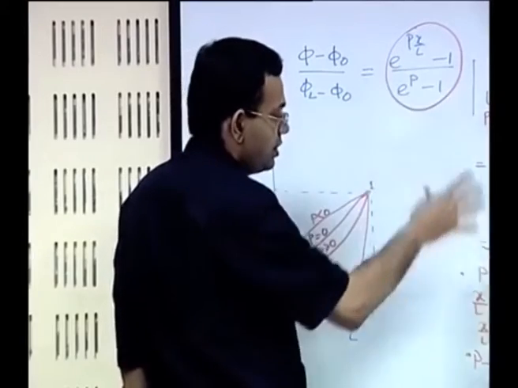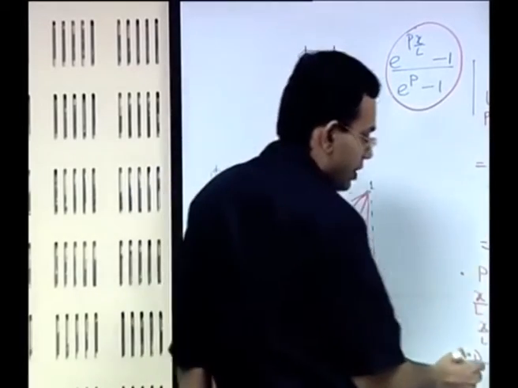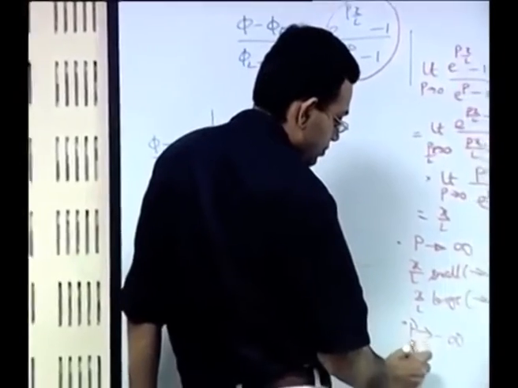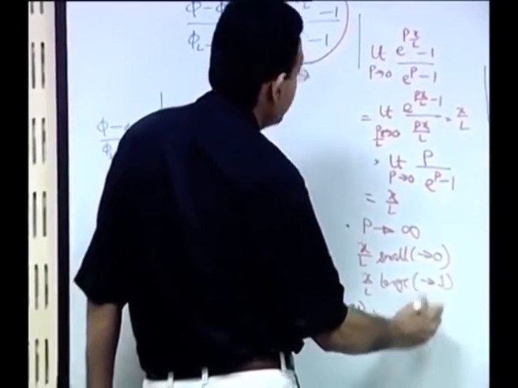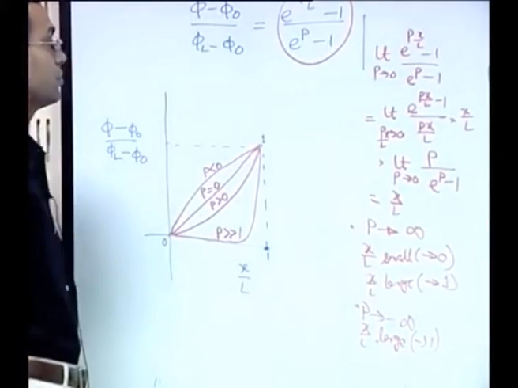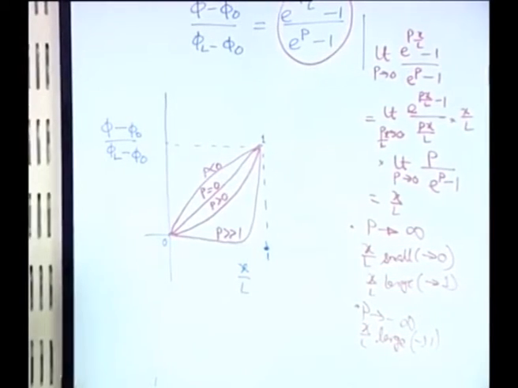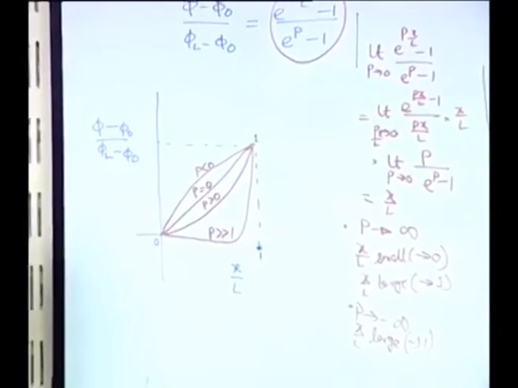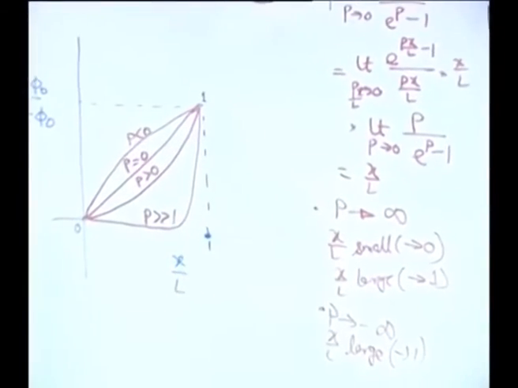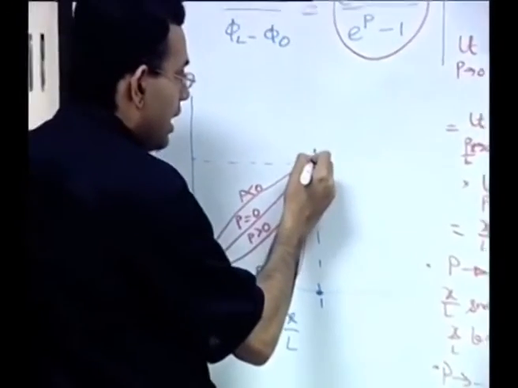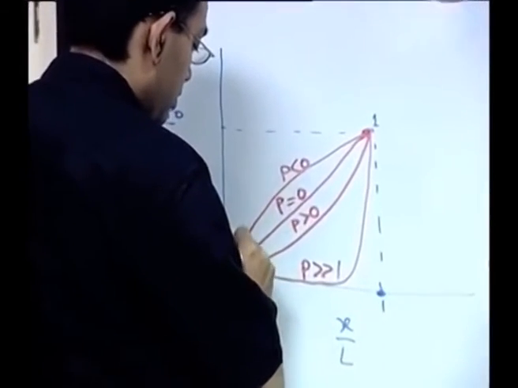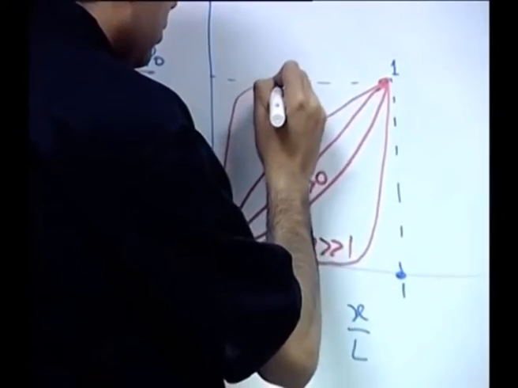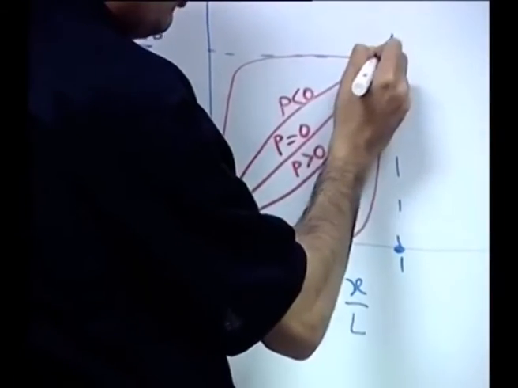Consider the upper limit if you are more comfortable with that, when x by L is large, tends to 1. So, then in that limit it will tend to 1.